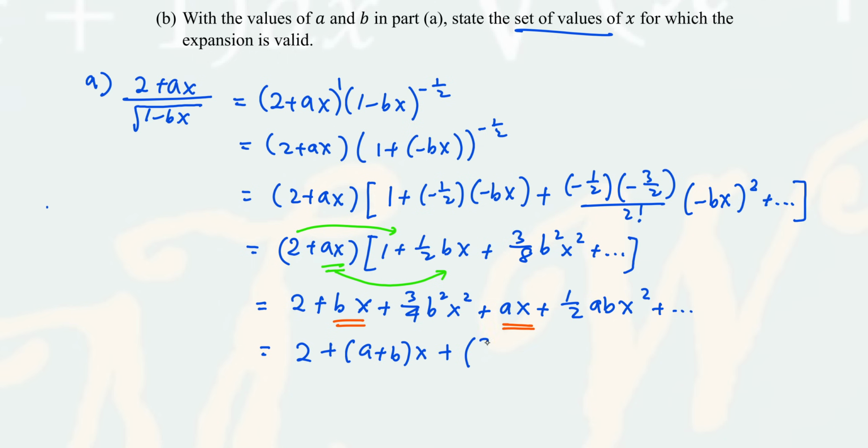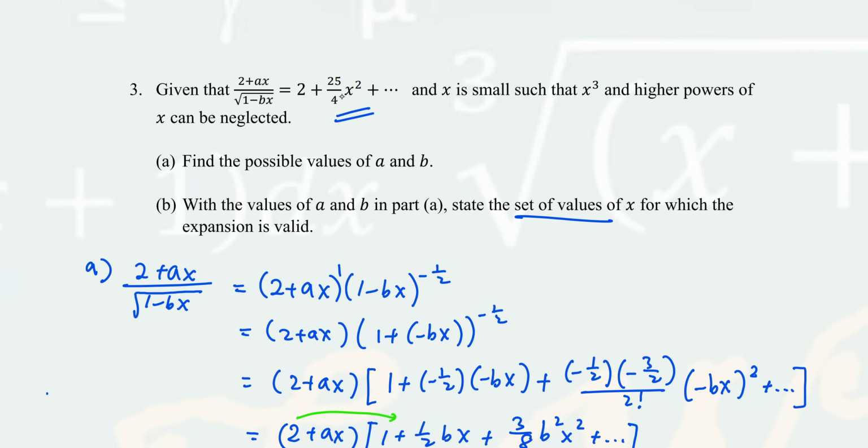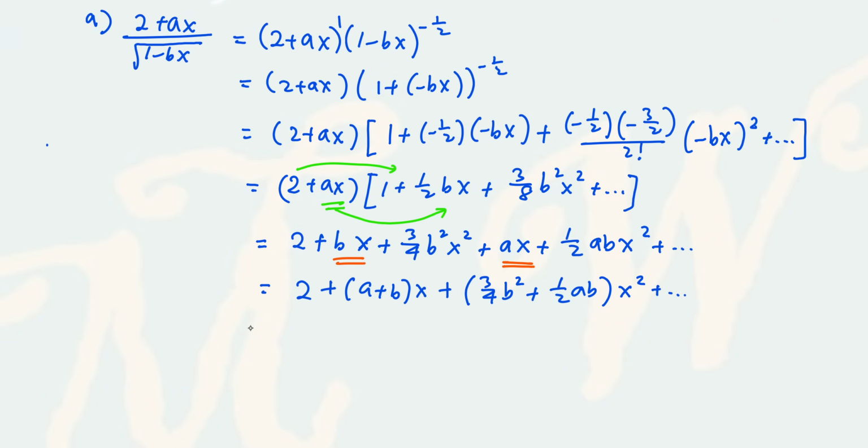So you will be getting 3 over 4 b squared plus half ab, both multiplied with x squared. Okay, so that's all for our expansion. And now, since the two terms are given, you are going to compare. So I will write equals 2 plus 25 over 4 x squared.